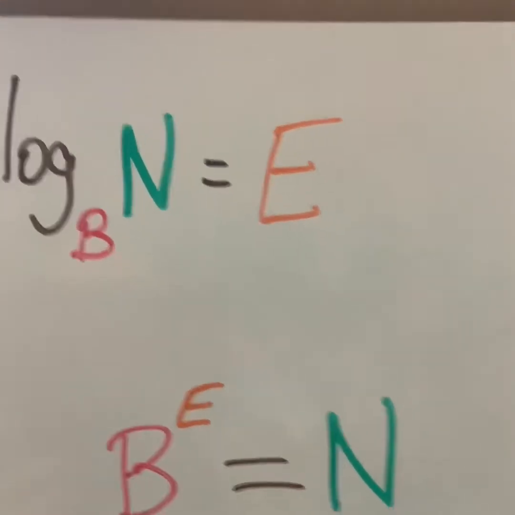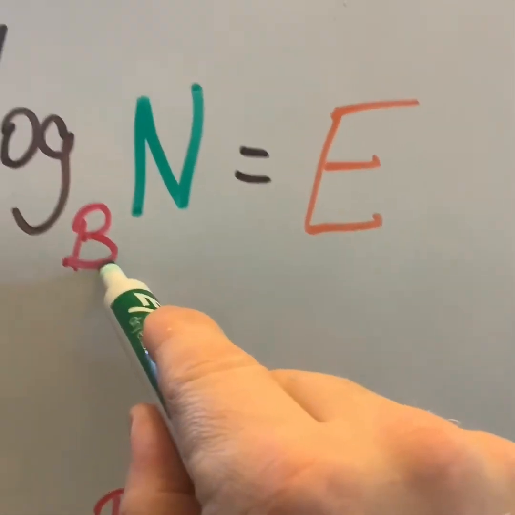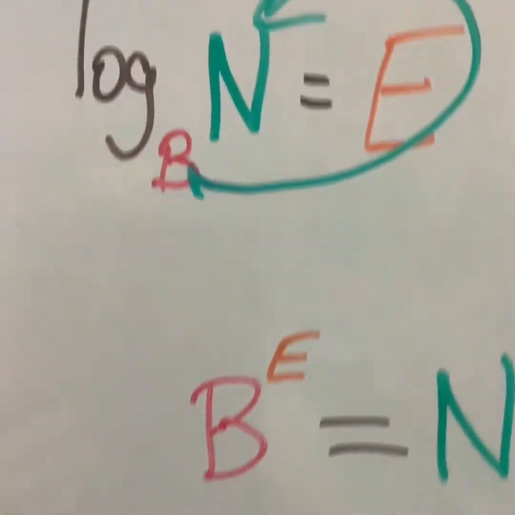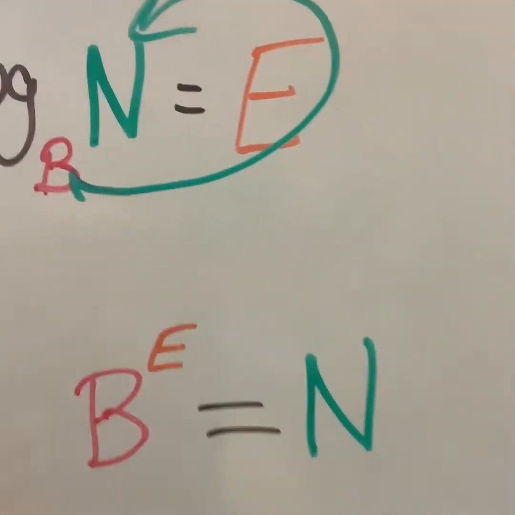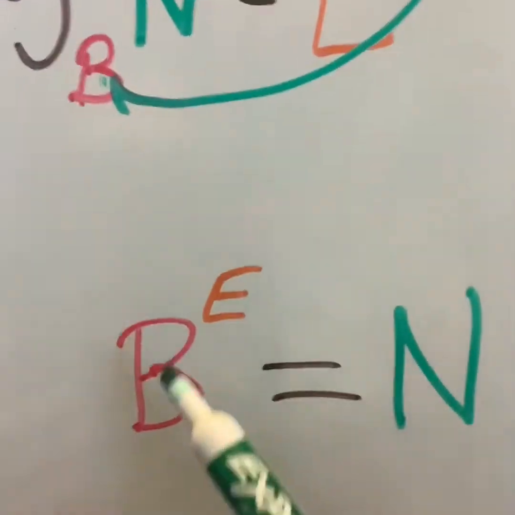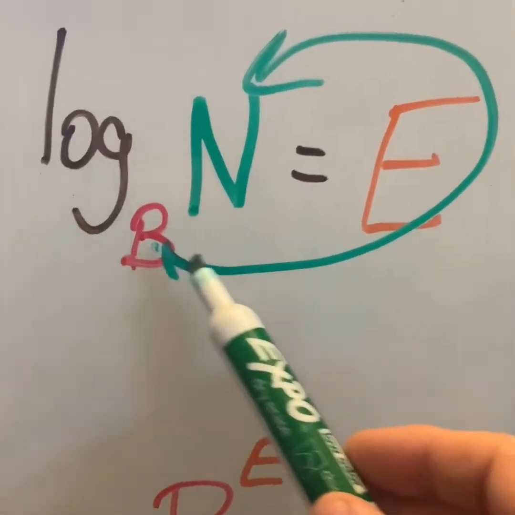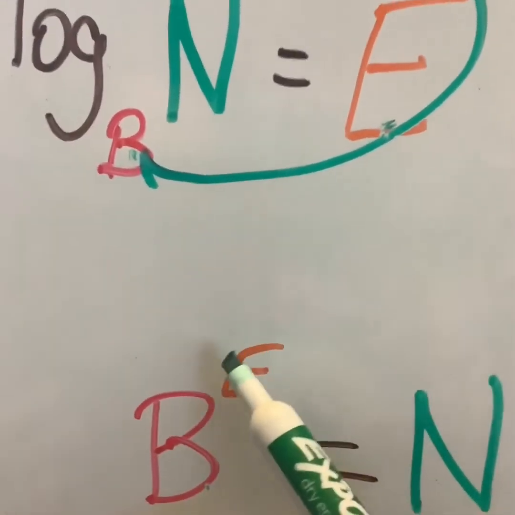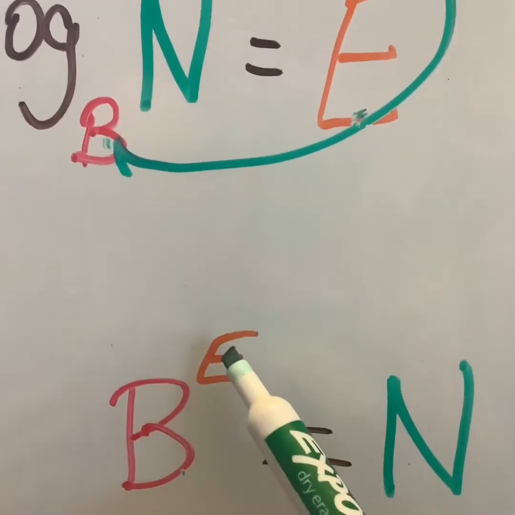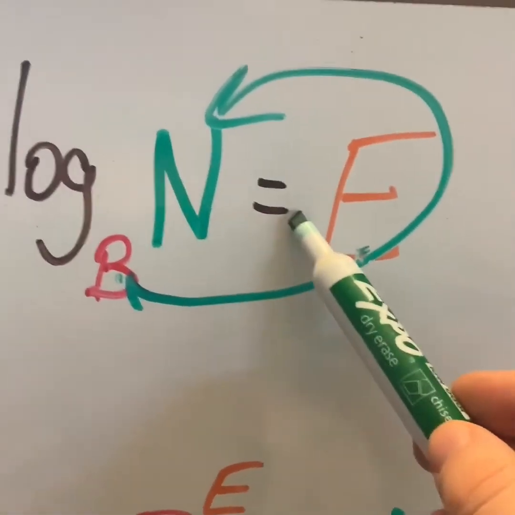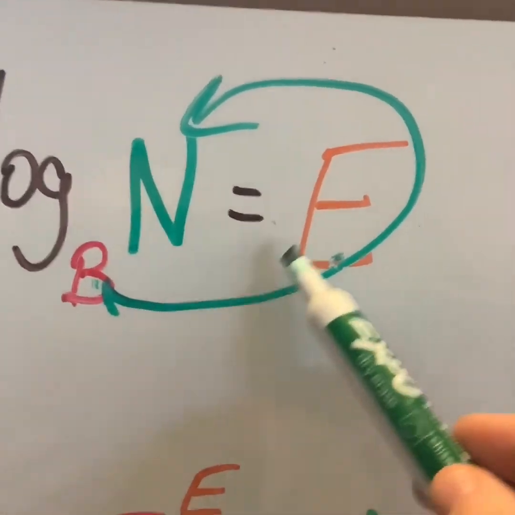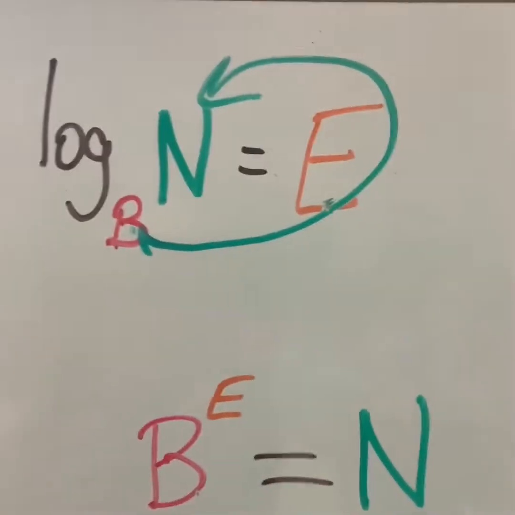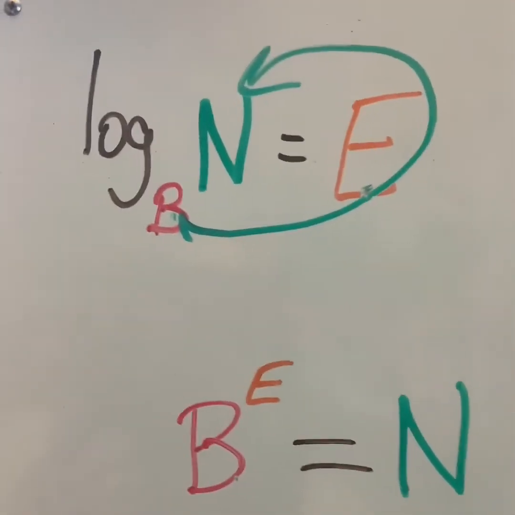So the way the lasso works is we start at our base and we loop around and point to our number. So we're starting at the base, so the B comes first. And then as we go around the lasso, you can see, oh, we get to the E next. So that's going to be next in our exponential form. And then we get to equals n. So b to the power of e is equal to n because we're looping around. That's why it's called the spiral or the lasso.